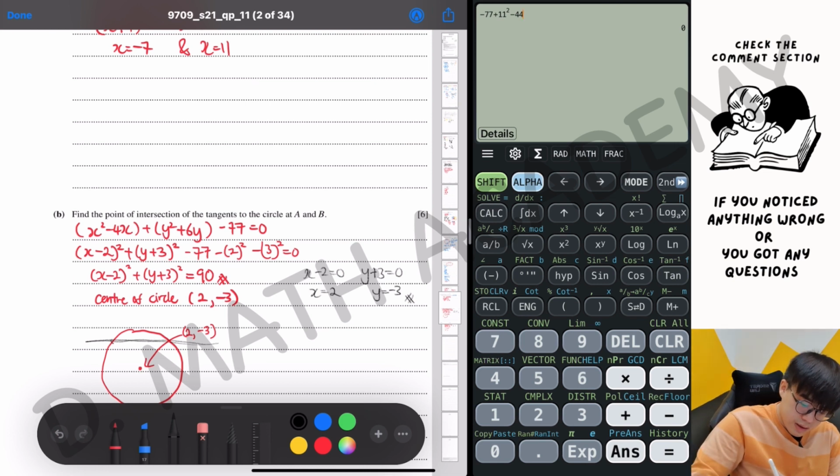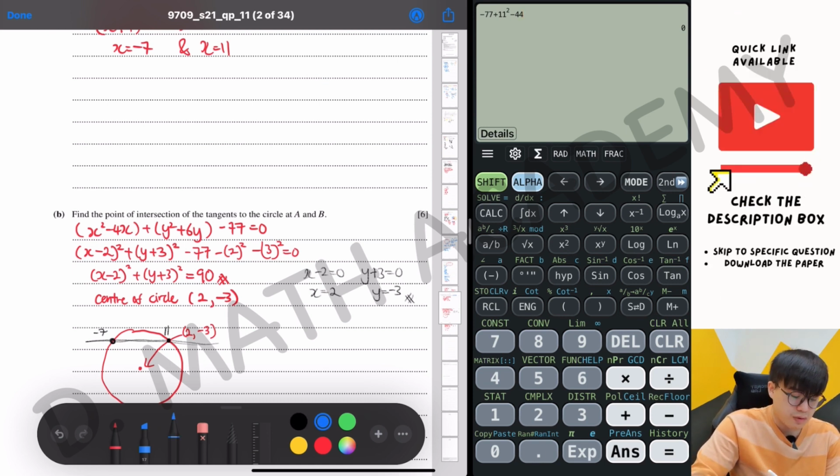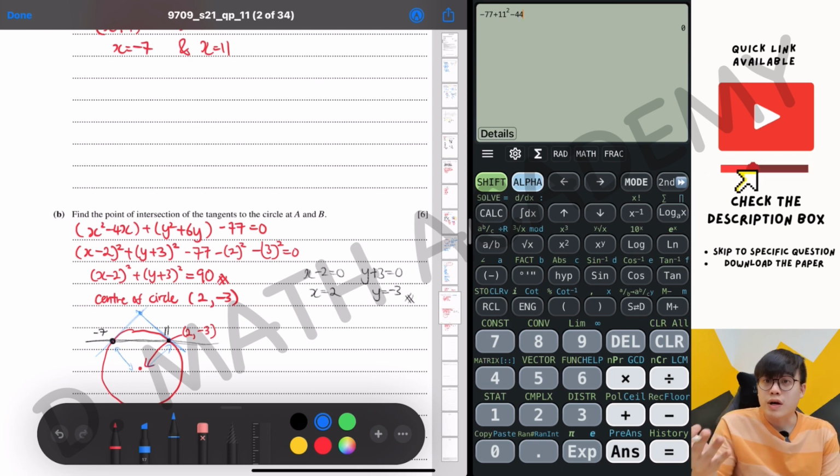Okay, and then this is your negative 7. And this is your 11 here. So the point of the intersection tangent to the circle is referring to, for example, if you draw a line and a line here, they want you to look for this intersection. Okay, so to get to that, we need to identify the gradient of this center against these 2 points first. Okay, so let's work out the calculation.